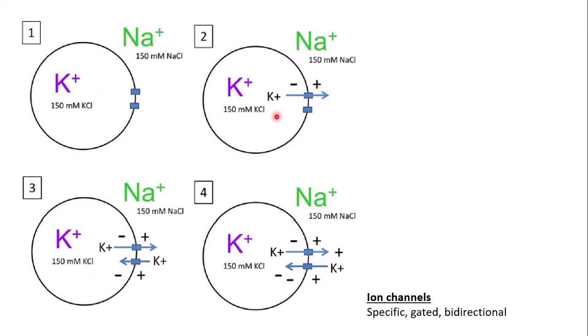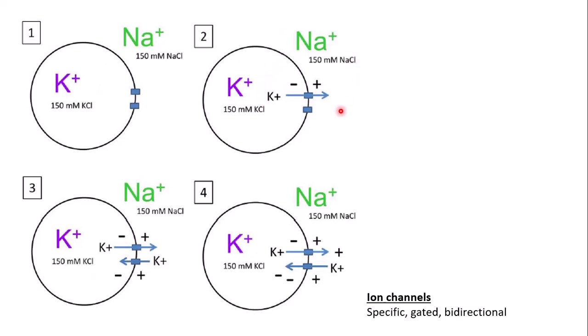So it's also creating an electrical gradient, where we have positive ions outside and an excess of negative ions inside. Overall, the membrane potential will be negative because positive ions are flowing out, leaving excess negatives inside.